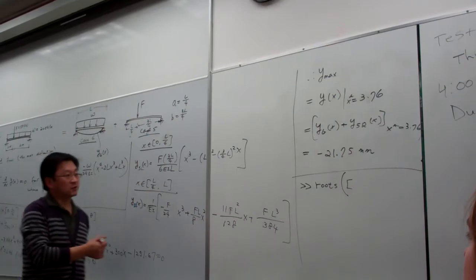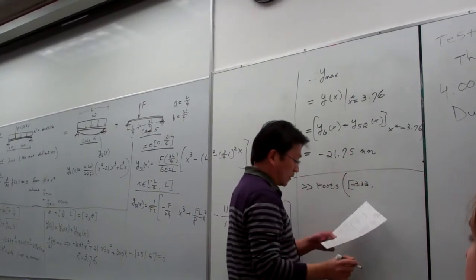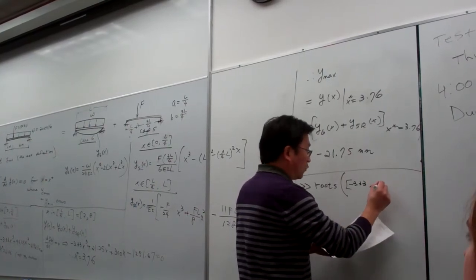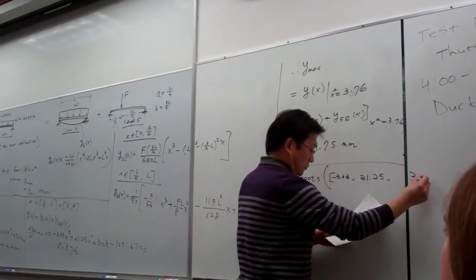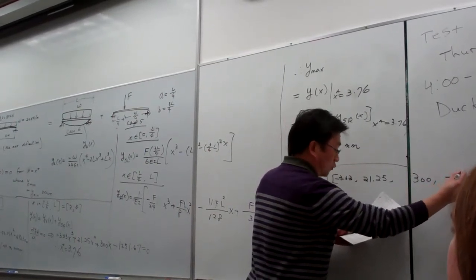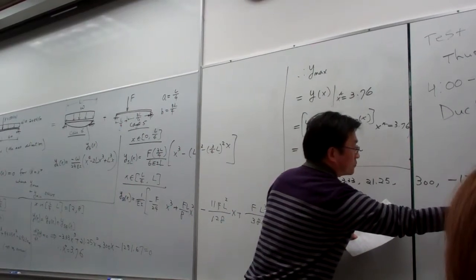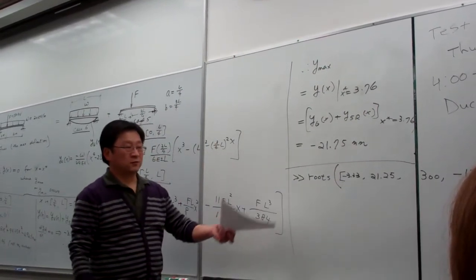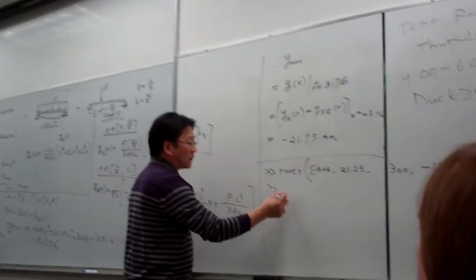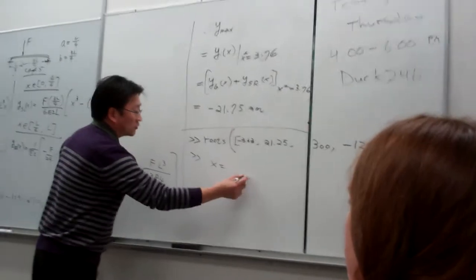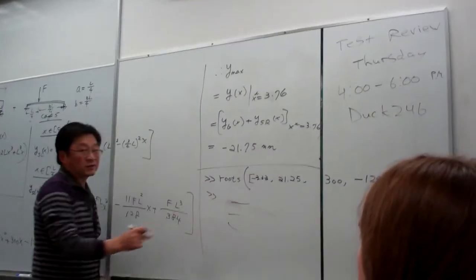So here you put in minus 3.33, comma, 21.25, comma, 300, comma, minus 1251.67. Once you hit return, MATLAB will give you the three values, and then you pick the positive one.